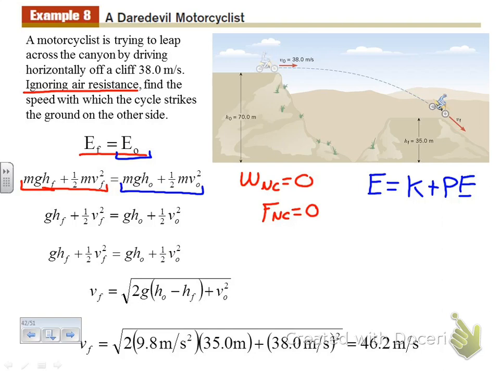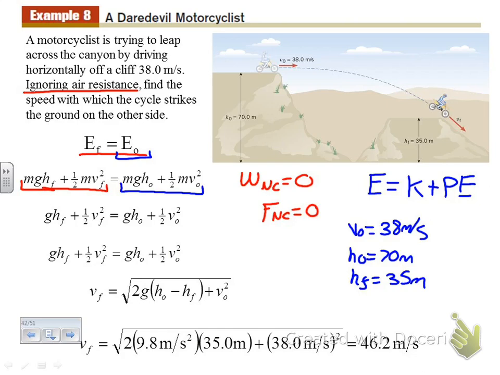Some of the variables that were given to us: we know that his initial velocity is 38 meters per second. They tell us that his initial height was 70 meters from the picture. His final height is 35 meters. And that's about all we're given.